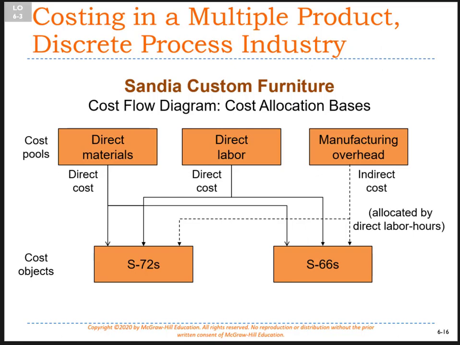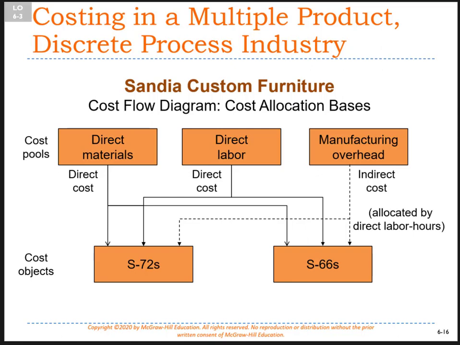What gets a little bit trickier is this manufacturing overhead, because now we have to allocate how much of my manufacturing overhead was for S72s and how much for S66s. Because it's indirect, it's not traceable. We have no specific information. There's nothing to look at and say, okay, that is exactly how much manufacturing overhead it used.